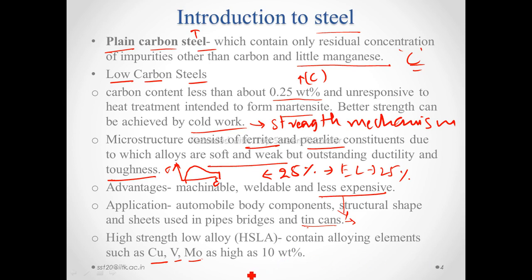Due to the alloying elements, they are more resistant to corrosion and can be used in many applications such as bridges, towers, supportive columns and high-rise buildings. Pressure vessels are also made of high strength low alloy steels. These have low cost, high strength and many applications. This is all about low carbon steel and the high strength low alloy steels.